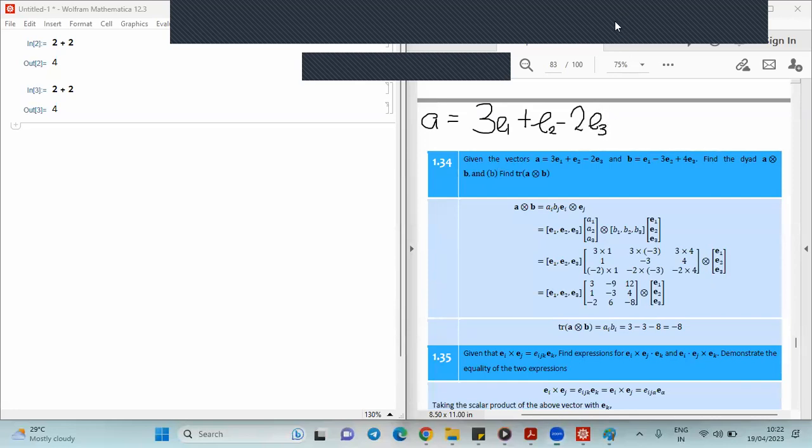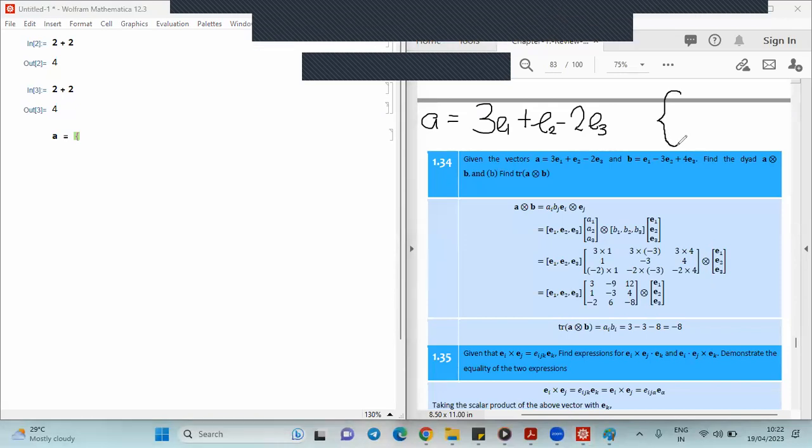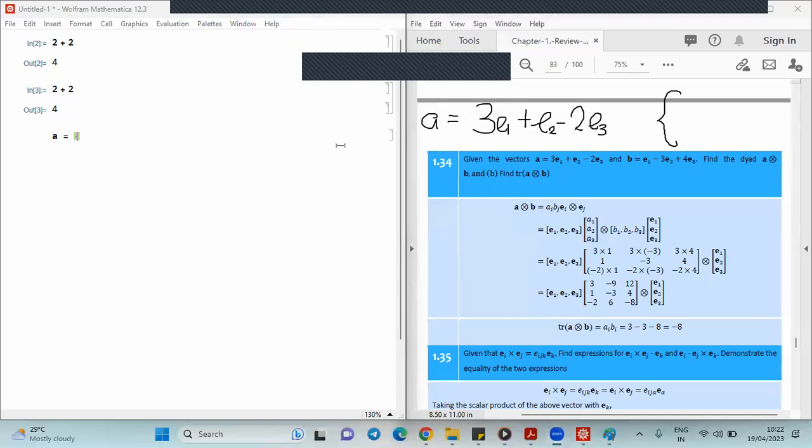To represent this in Mathematica, we say A is equal to, we're not going to write the E1, E2, or E3. We are going to use something called a curly brace because it's curled, it's shaped like this. We're only going to use the coefficient of each of these unit vectors, E1, E2, and E3. So the coefficient of the first one is 3, comma.